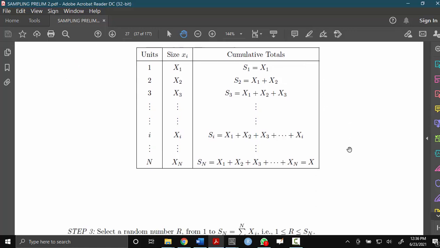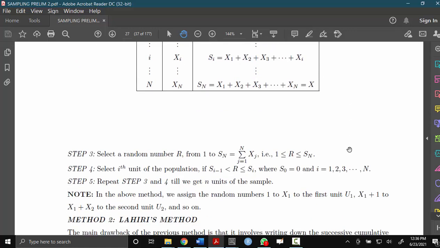Now in the next step, step 3, we have to select a random number r from 1 to X, or 1 to SN, the total size. Let this random number be denoted as r. You can use any random number table.